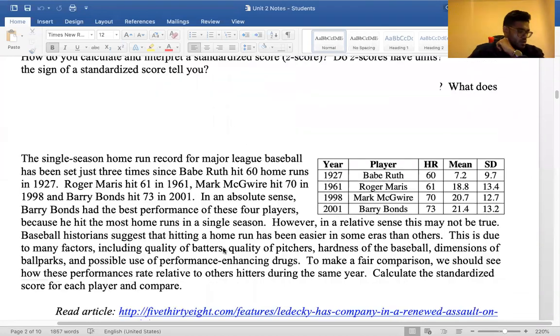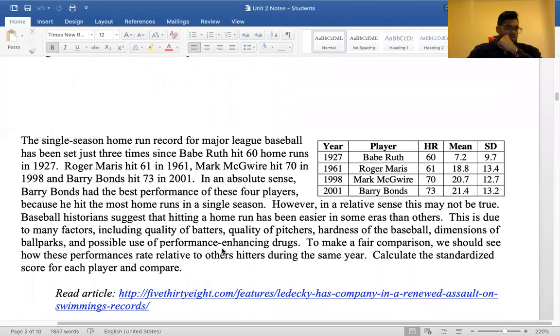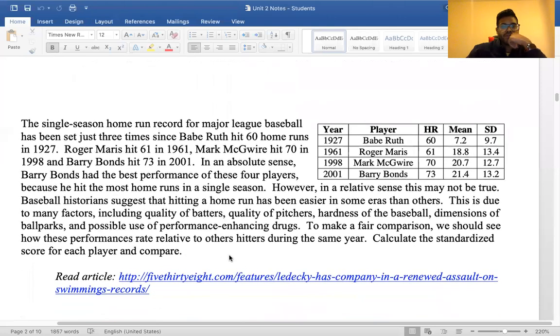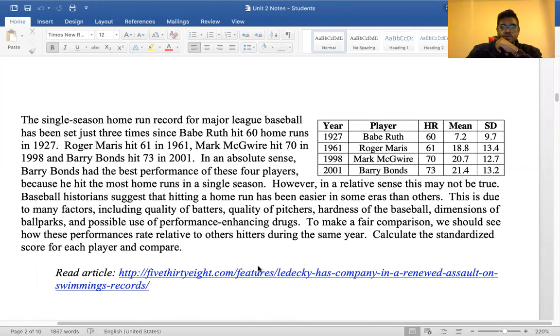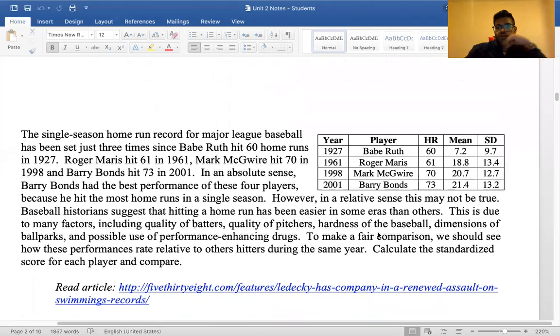So we're looking at a couple different home run hitters. We've got Barry Bonds, Roger Maris, Mark McGwire, Babe Ruth. And we want to figure out how they did in comparison to the rest of their group. For each one of these, we've got the mean for the year that they broke the record, and we want to say, in comparison to everyone else in that year, who did the best?